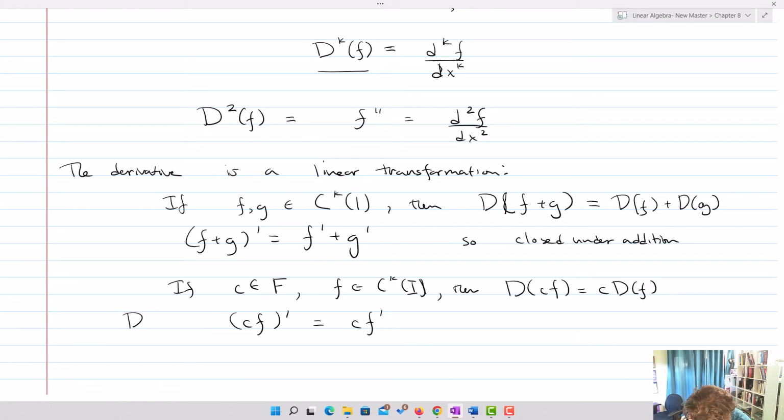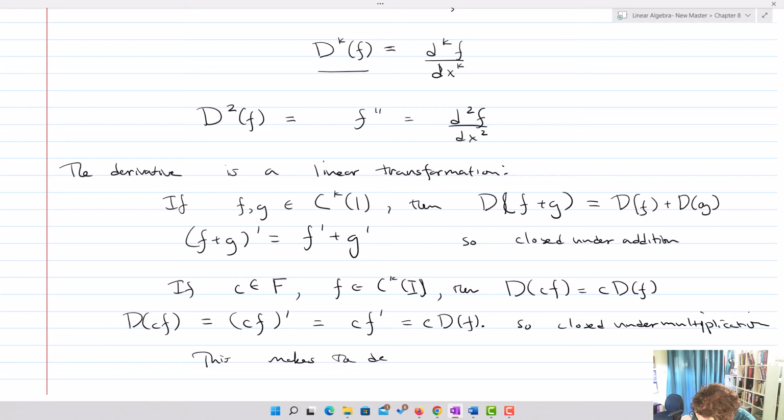So D of cf is going to equal (cf)', which equals cf', which equals c times D of f. So we're closed under multiplication. This makes the derivative a linear transformation.